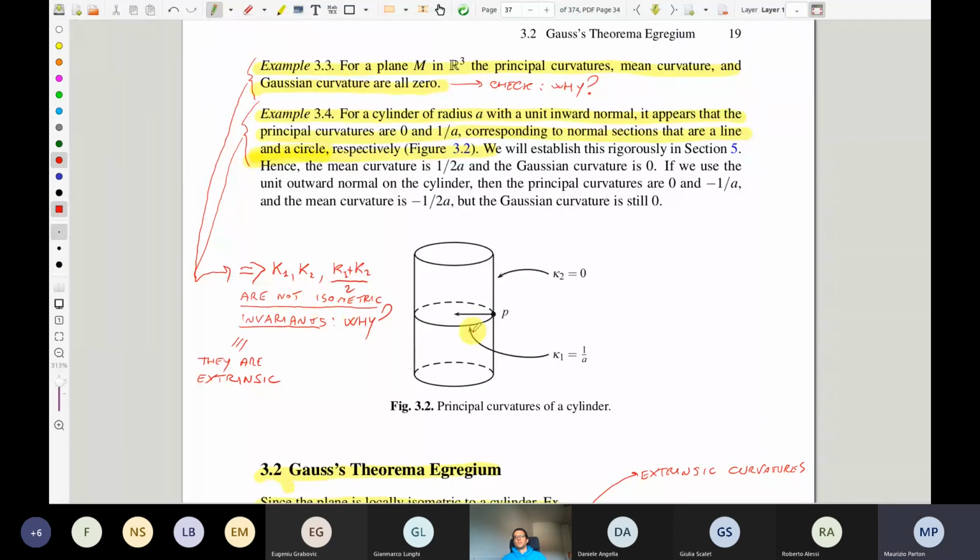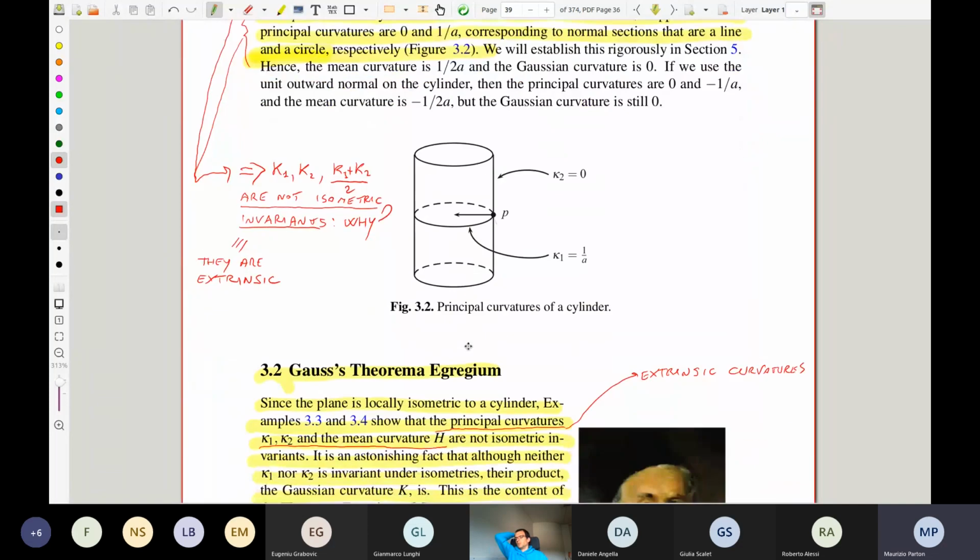So if we are saying that the cylinder is locally isometric to the piece of paper, then an isometric invariant, something intrinsic, should be always 0, not depending on the fact that the cylinder is put in the space in this way.